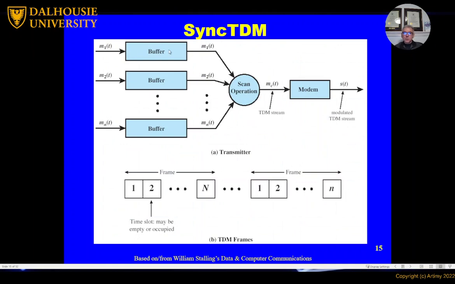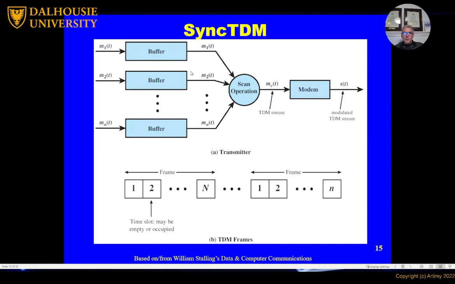And this is what we see here. The message is sent to the buffer, and then the multiplexer goes into the buffer and says, well, is there any data available? Yes, okay, send it. No, move on. And it keeps sending in a particular order.